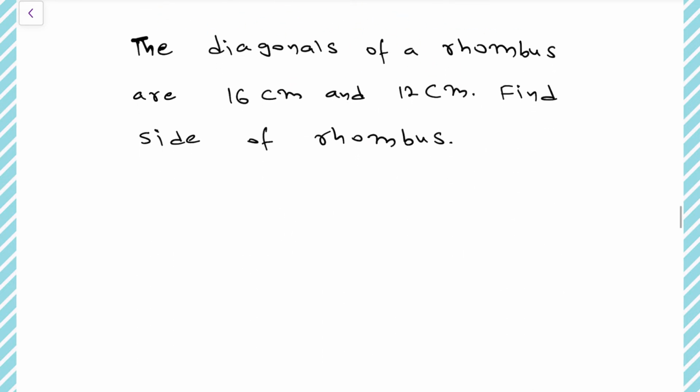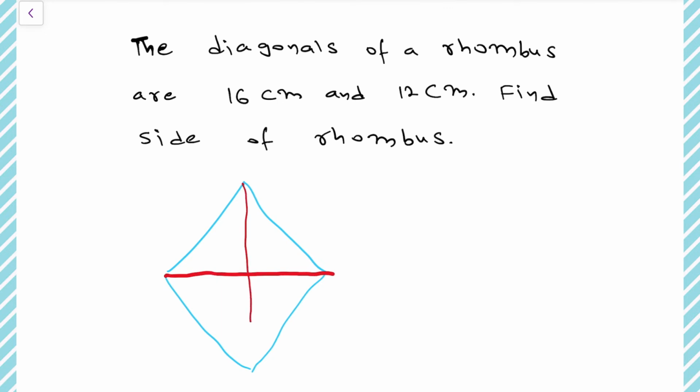Next, the diagonals of a rhombus are 16 centimeter and 12 centimeter. Then find the side of the rhombus. So if we have a rhombus, these are the two diagonals of the rhombus, and those two diagonals are given as 16 centimeter and 12 centimeter.